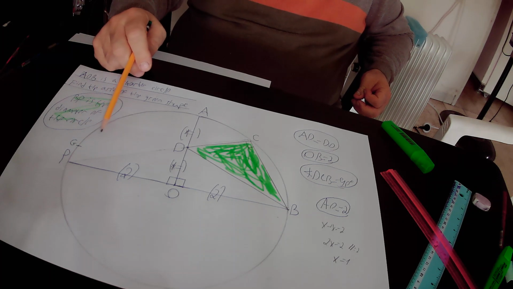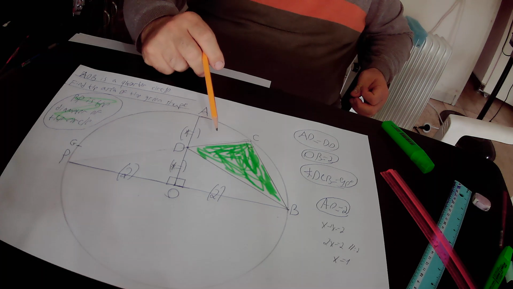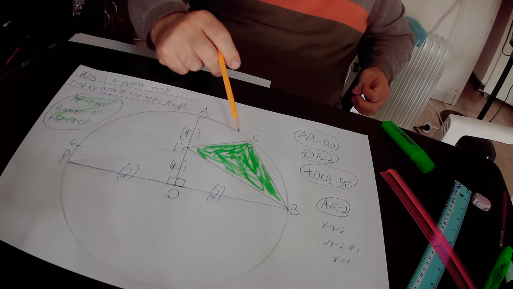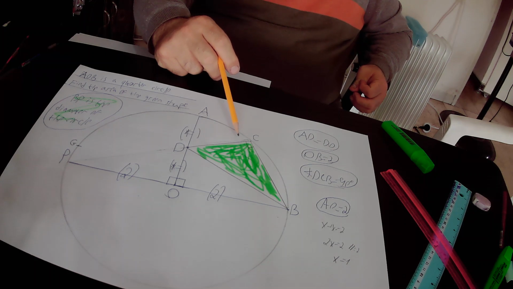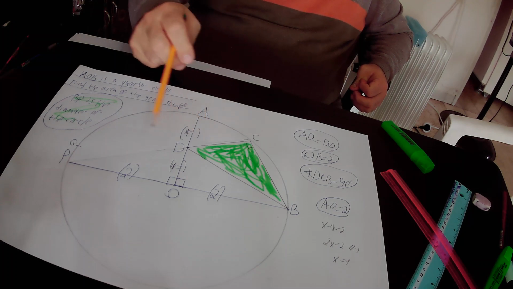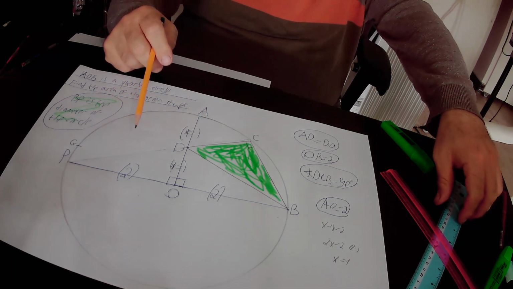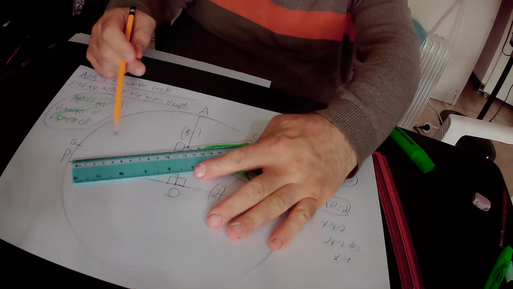Therefore it is a contradiction to Rule 5. In order to avoid this contradiction, we must conclude that the extended side CD will touch the circle at point P. Okay? The extended side CD will touch the circle at point P.